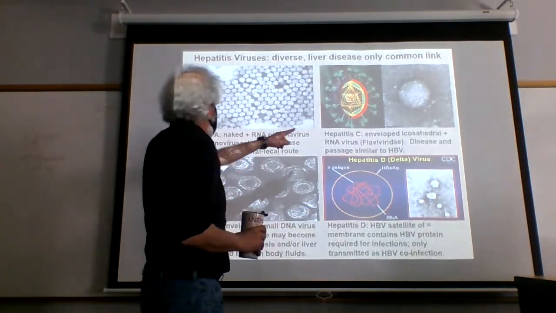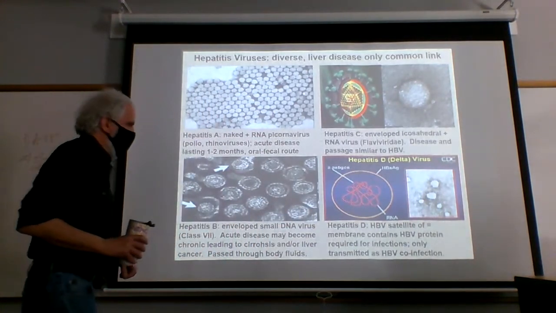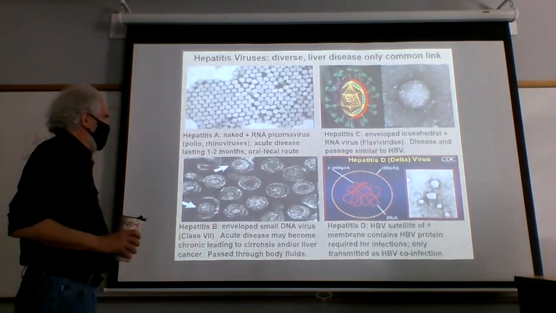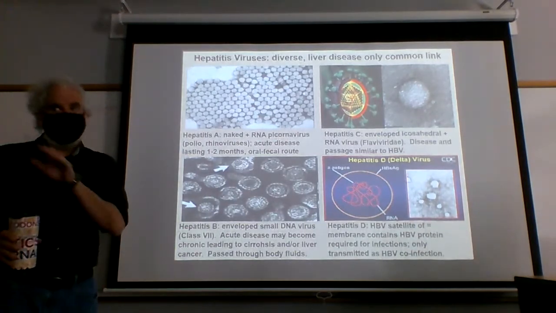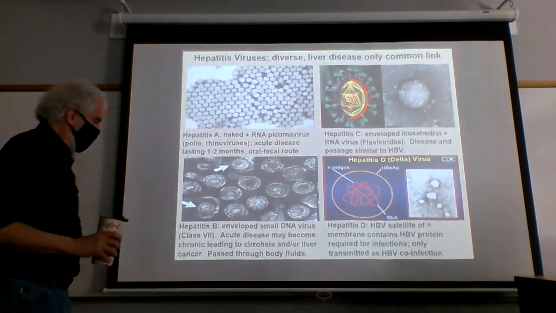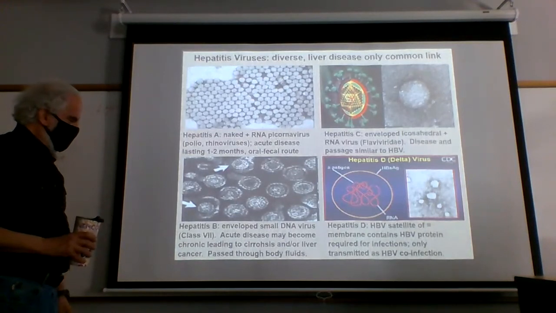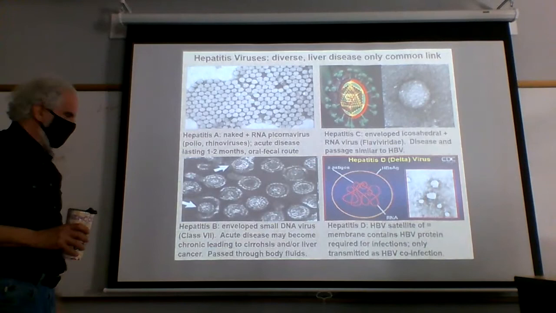It is similar in its passage and operation to Hep B. And Hep B here is a DNA virus, so that means it's a completely different mechanism of operation. This is able to become acute and then turn into a chronic liver disease.